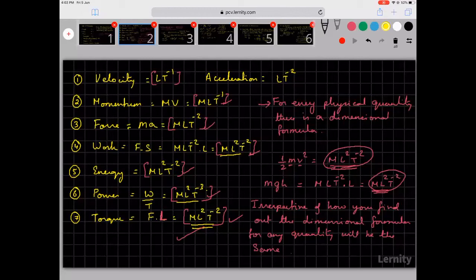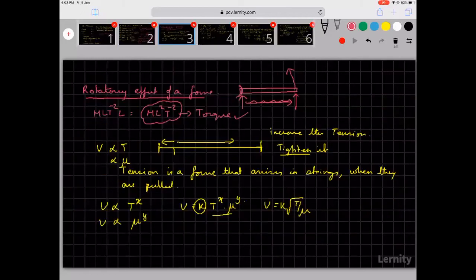You already know velocity, acceleration, momentum, force, work, energy, power, torque. In fact, you know current also, but current is a fundamental quantity. Then I am giving you some ideas on how to find out some new things. We found out the rotatory effect of a force.